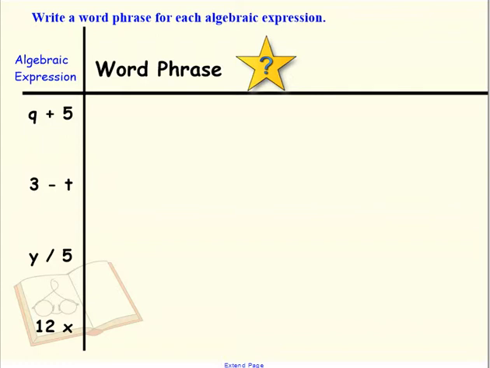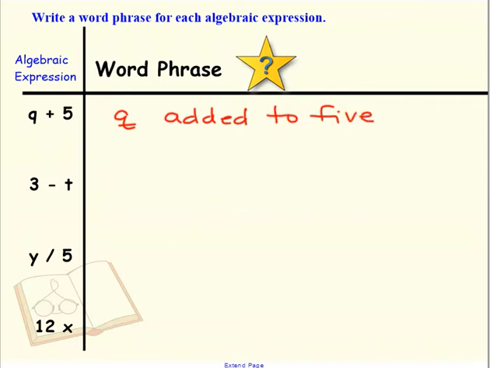So your way might be different than my way, and they're both still correct. So I'm just going to give you an example, but also know that there can be other ways of writing these. So here I have q plus 5. So I'm going to say q added to 5. And it's important when you're doing word form that you write out the number.